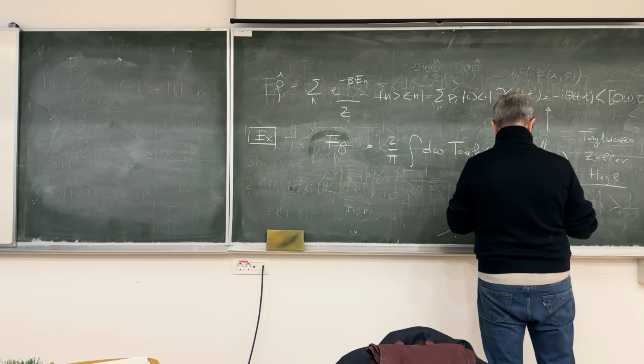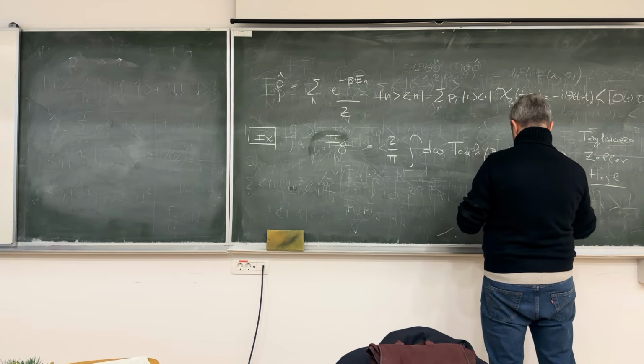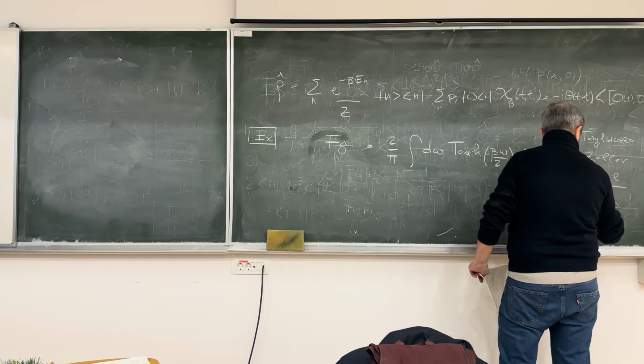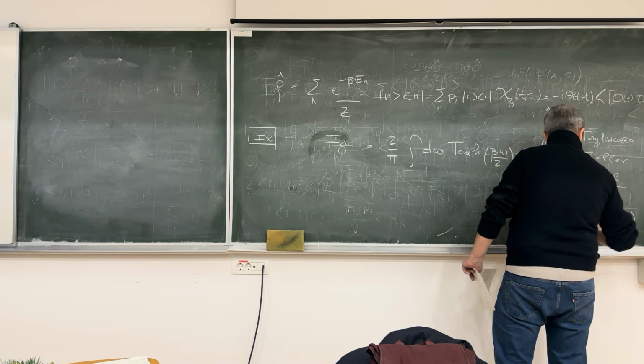Here we will have that S of omega is equal to 2 coth of beta omega over 2 times the imaginary part of the response, chi double prime of omega.